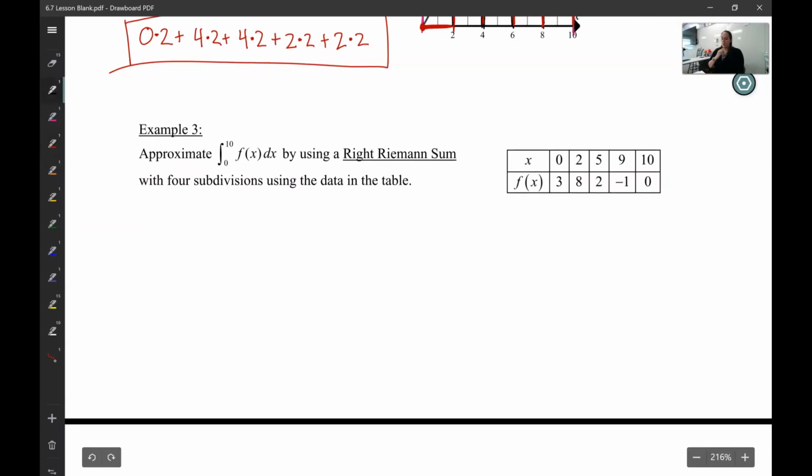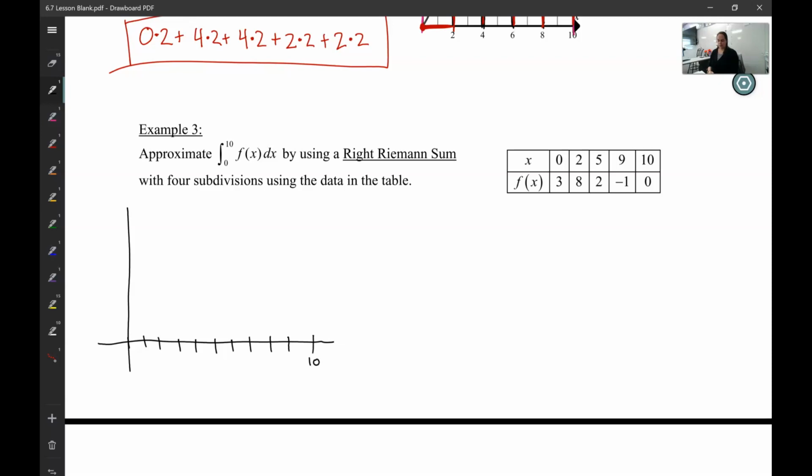Now, you couldn't just go off of this table. I find that it's very easy to make mistakes when you do. So I would always suggest graphing these points so that you can visually see the rectangles. So I've got 0 up to 10.